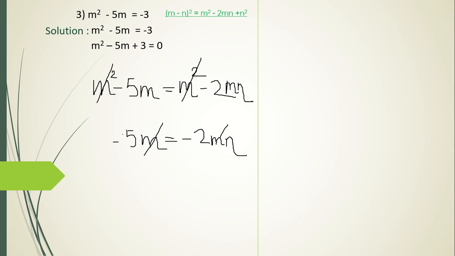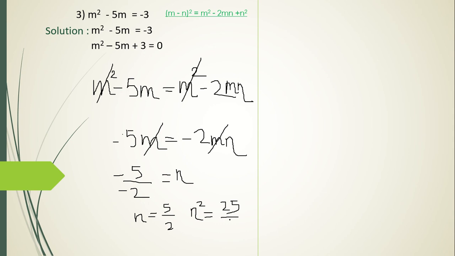This m gets cut. Minus 5 upon minus 2 is equal to n. Therefore n is equal to 5 by 2, I got. n is equal to 5 by 2, and therefore n square will be equal to 25 upon 4.